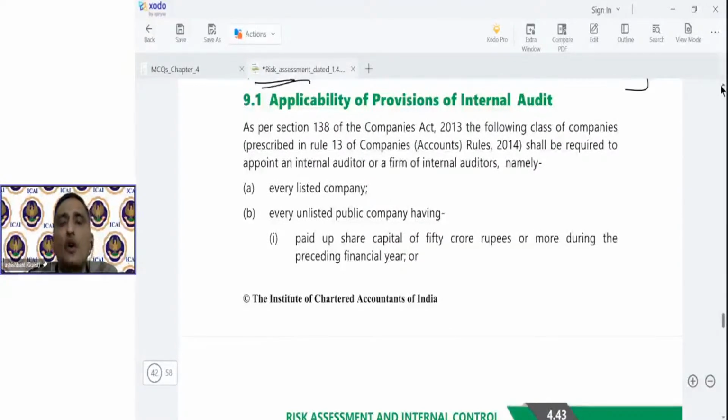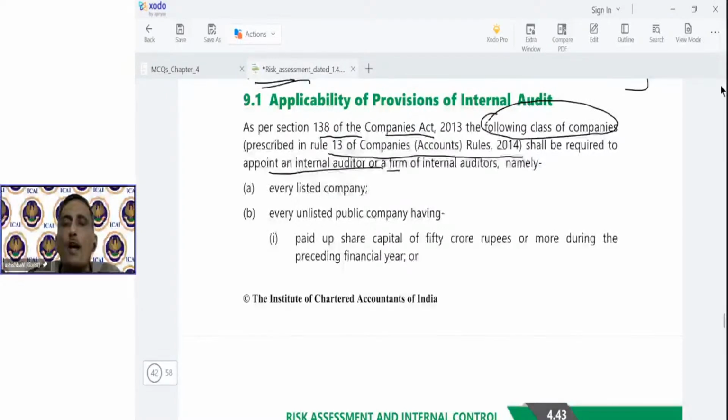You would also be reading this in your corporate law classes. As per section 138 of the Companies Act, read with rule 13 of the Companies (Accounts) Rules 2014, the following class of companies shall be required to appoint an internal auditor or a firm of internal auditors, namely.